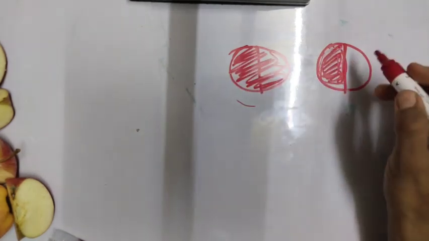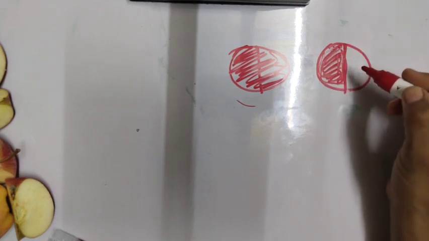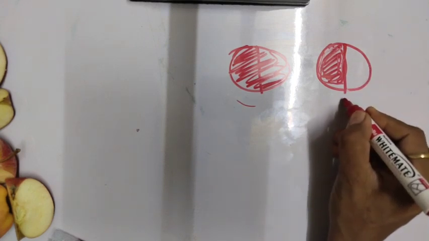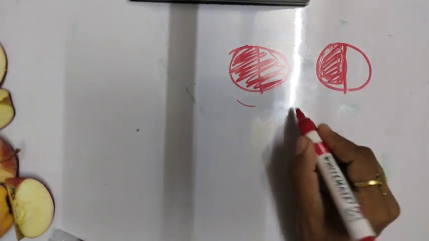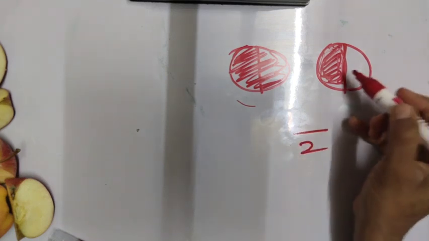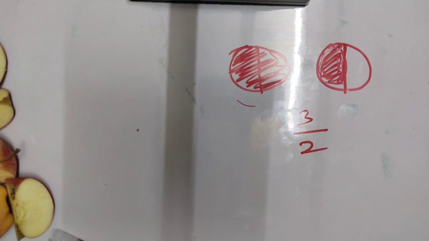This is a whole, and this is a half-shaded circle. How many parts are shaded? 3 parts are shaded. Each circle is divided into 2 parts, and the total shaded parts are 3. So this is the pictorial form.